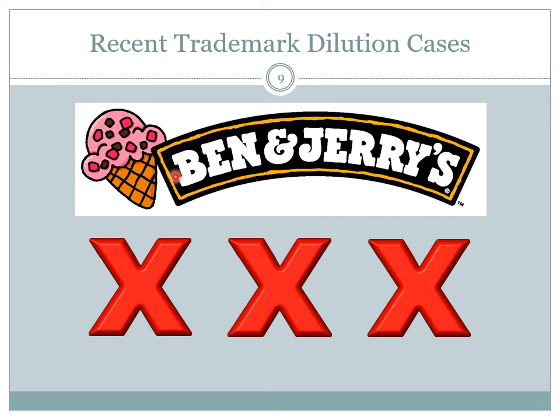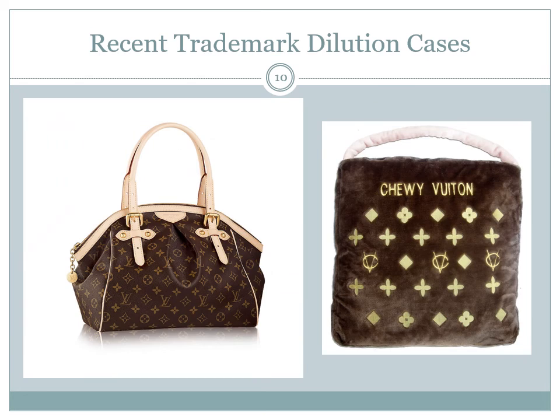And Ben & Jerry's wins this case. That's an example of a successful trademark dilution case. Up next, we'll talk about an unsuccessful trademark dilution case. I'll link to all of these below this lecture.